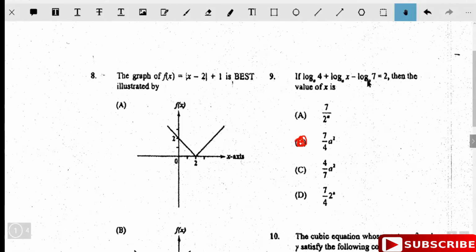All right, and so how we have done this to make x the subject, it says if log base a of 4 plus log base a of x minus log base a of 7 equal to 2, then what is x? First, as we know, we use rules of logarithms to simplify the left-hand side.